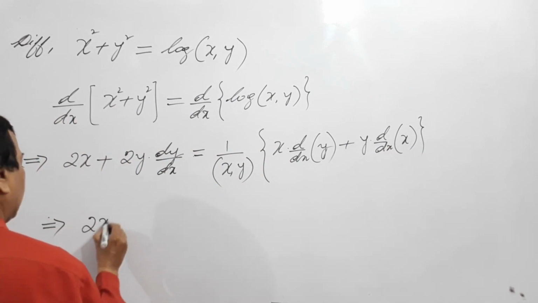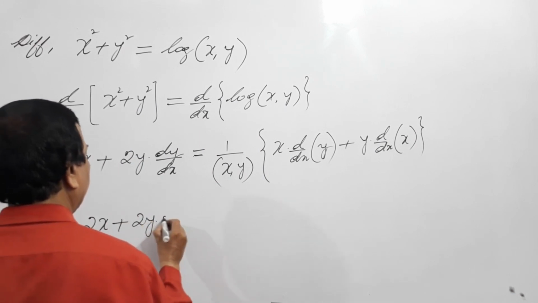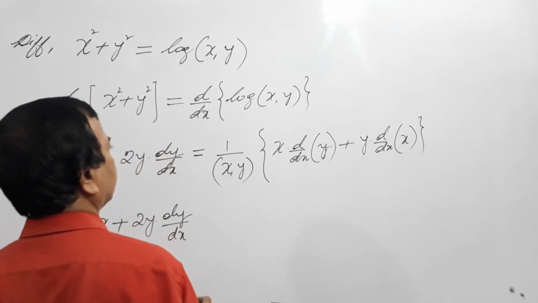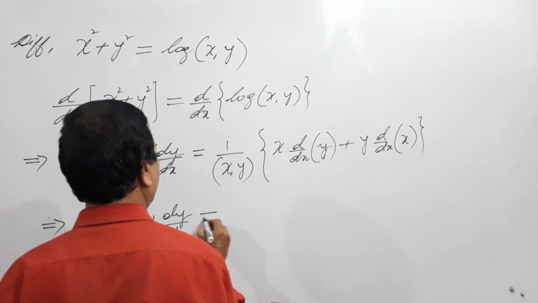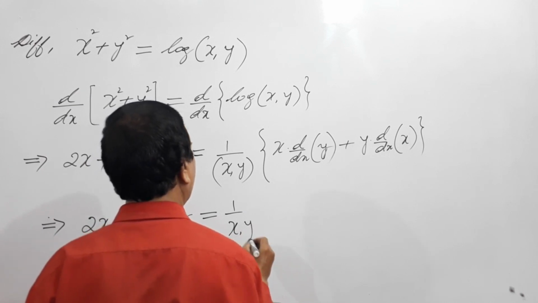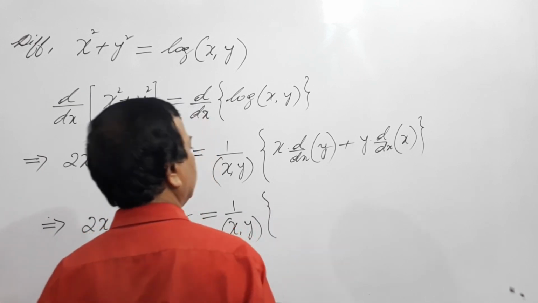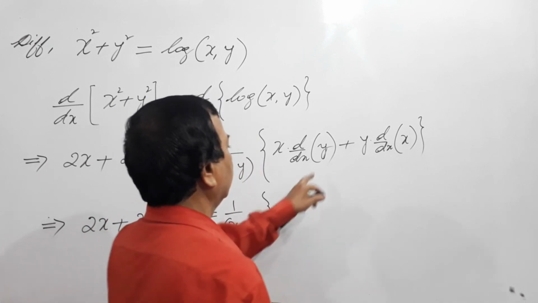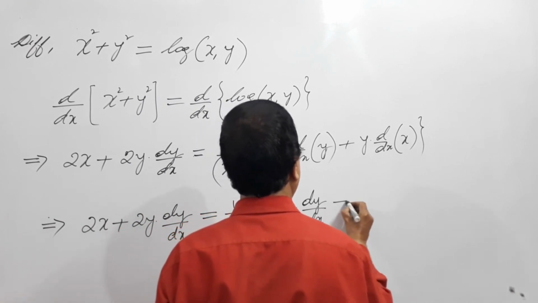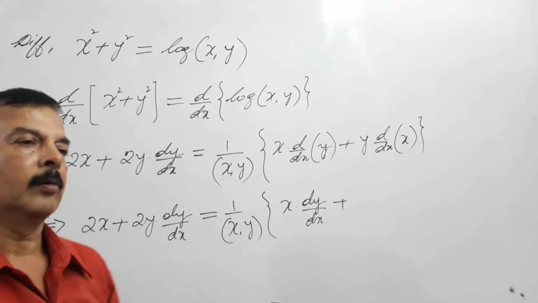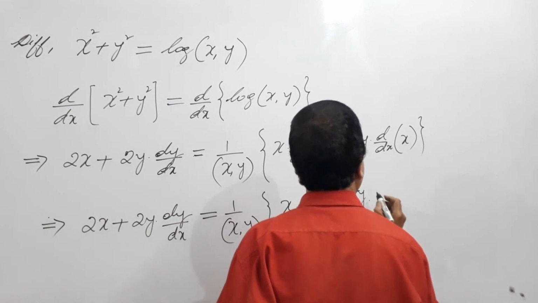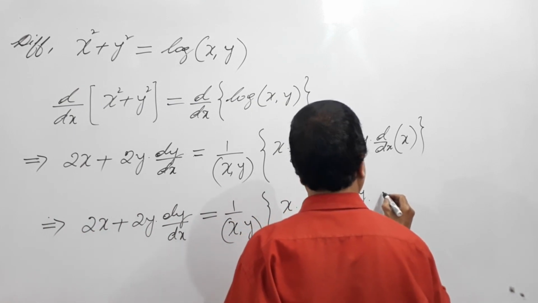So this is 2x plus 2y into dy by dx equals to 1 by x comma y. This is x into dy by dx plus y into 1.